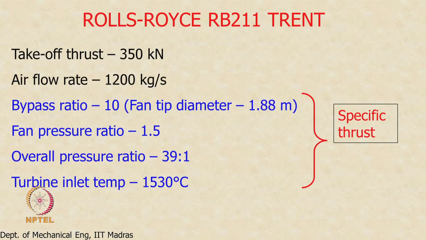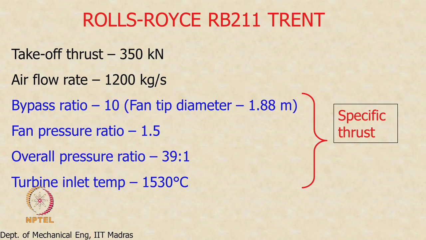These are some numbers for that Rolls-Royce RB211 engine that I showed you. It produces a takeoff thrust of about 350 kilonewtons. When the engine is at ground level, or static sea level, it takes in about 1200 kilograms per second of air.